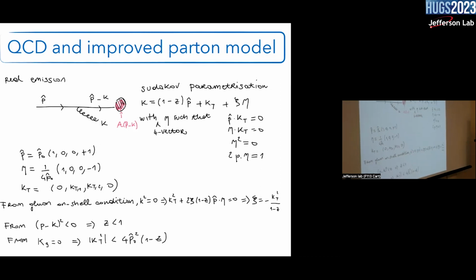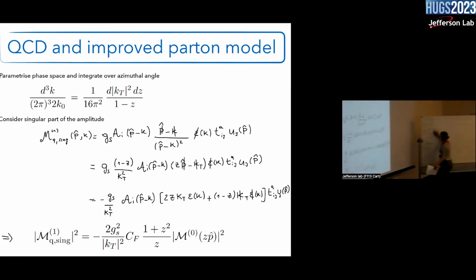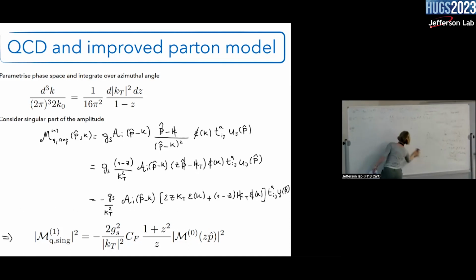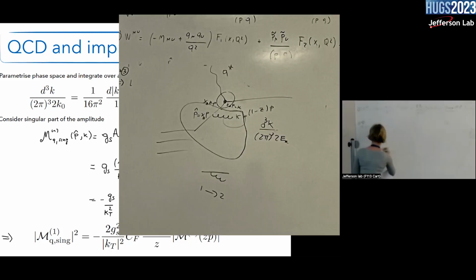Good, so you do your kinematics, and what do you find? Again, you have to do the phase space parameterization. So this is just the phase space of the emission. Remember that you have two things. So you have the proton, that's the parton model.